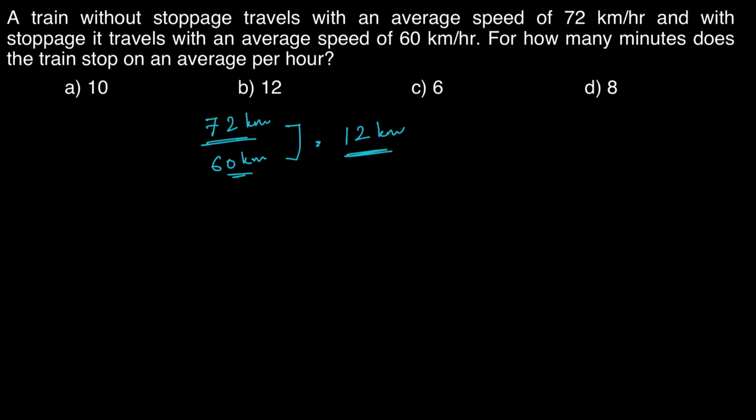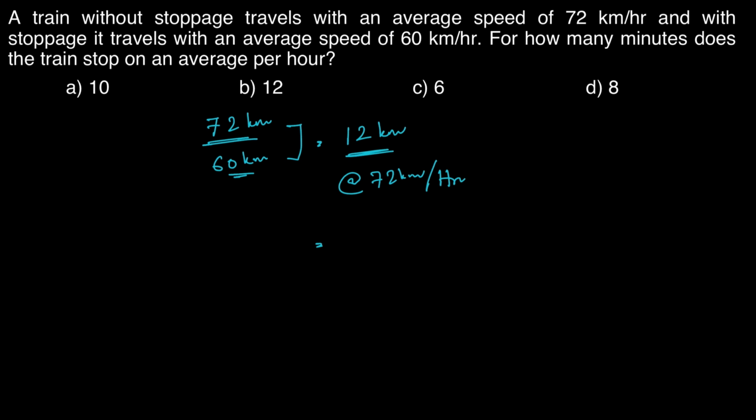So to cover 12 kilometers at the speed of 72 kilometers per hour, what is the time required? Time required is distance divided by speed. So distance is 12 kilometers divided by 72 kilometers per hour. Kilometers gets cancelled. 12 ones are 12, 12 sixes are 72, which is equal to 1 by 6 hours.